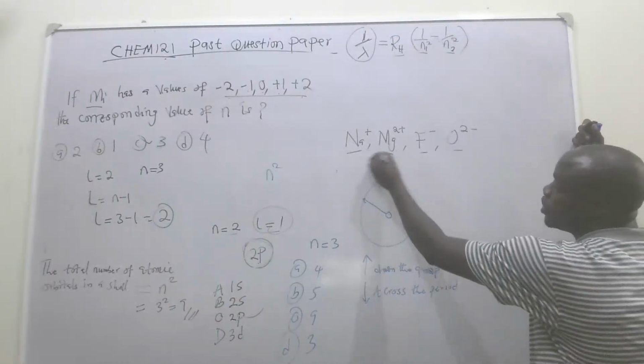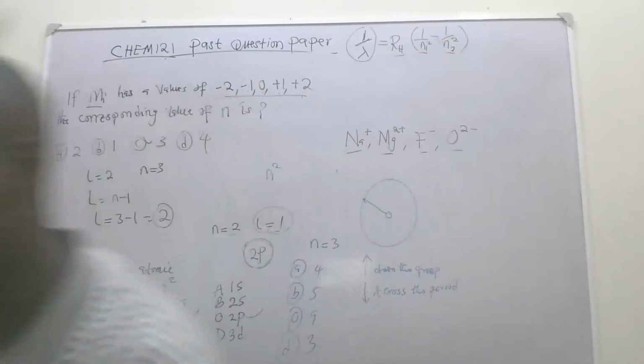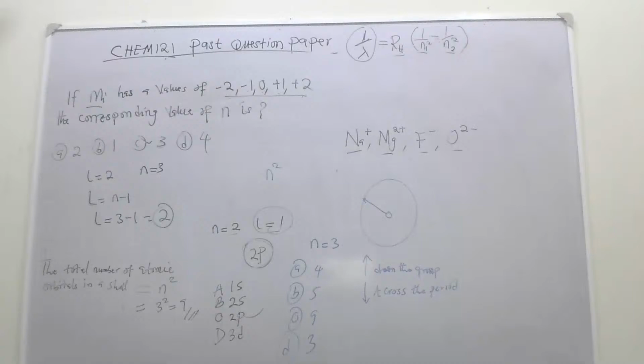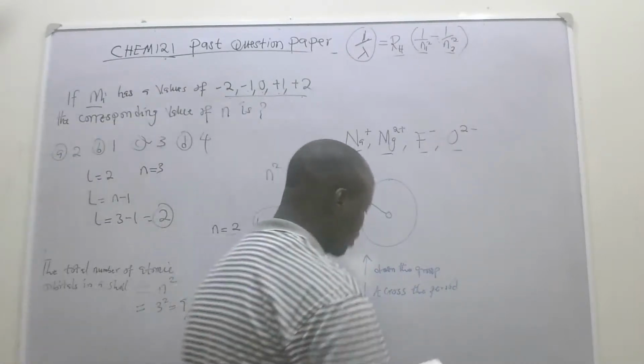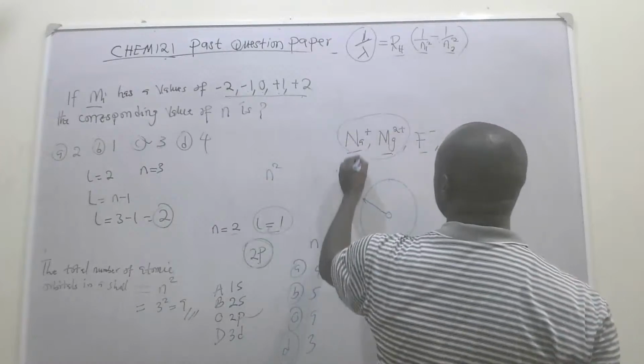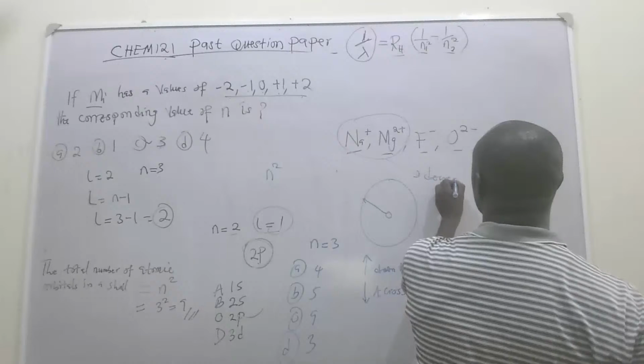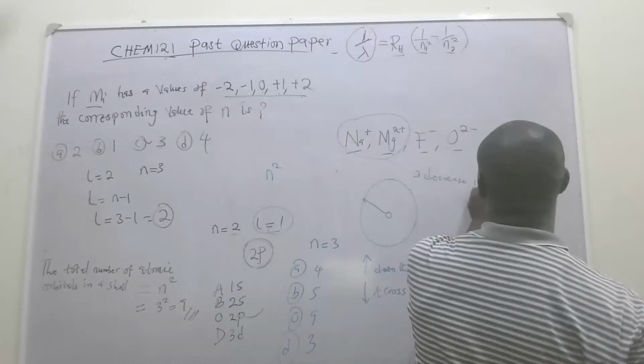For example, this is sodium. So in a situation, ladies and gentlemen, where we have the cations, their ionic radius usually decreases. So the cations have decreased ionic radius.